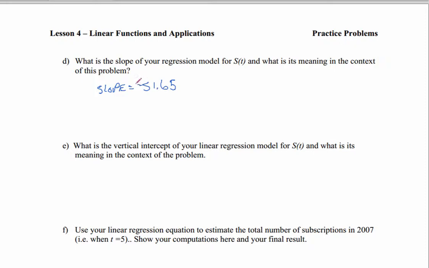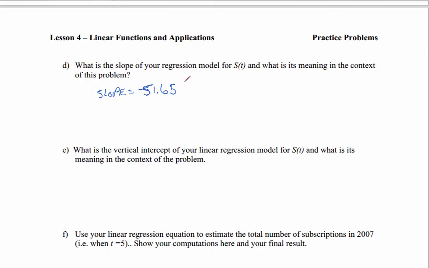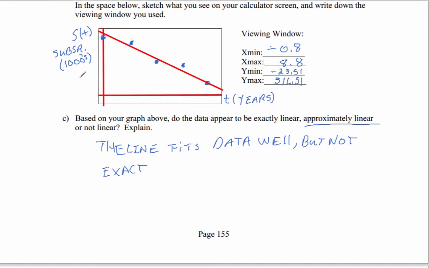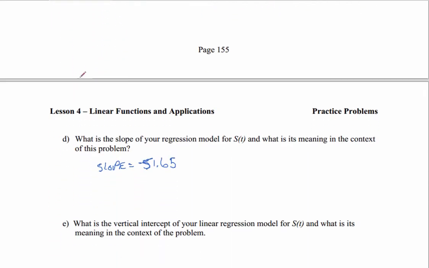Well, the way you want to interpret slope, let me clean this up a little bit so I make that look more like a 5 there. Okay, you guys got it. That's 5. Okay, so the best way to think about that is go back and look at the graph. So notice that the slope is the rise over the run. It's the change in y over the change in x. It's the change in subscriptions over the years. So the numerator is subscriptions, the denominator is in years.